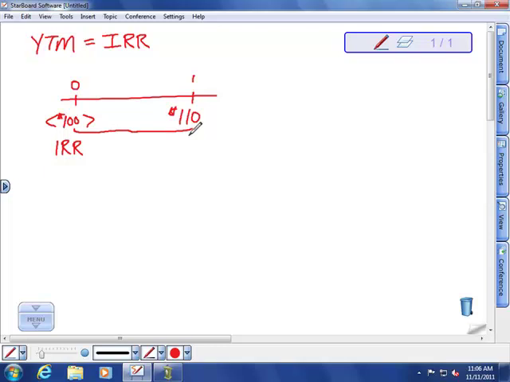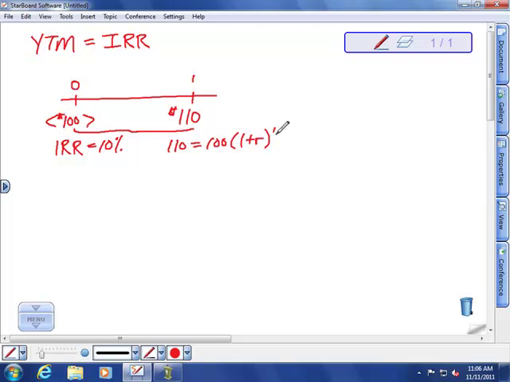We invest $100 and get $110 1 year in the future. The internal rate of return would be 10%, and we can find that just by solving the future value formula, where the $110 comes from the 100 compounded at that one rate one time.